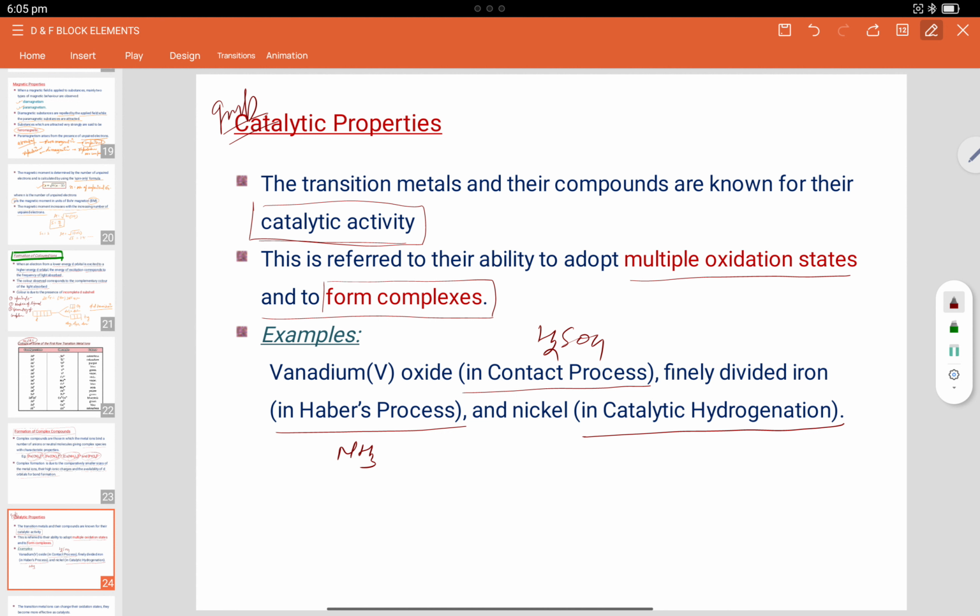Some more examples I can give you if you want. Listen carefully. What are the factors responsible for the catalytic activity of these d block elements? Number one, presence of incomplete d orbitals.